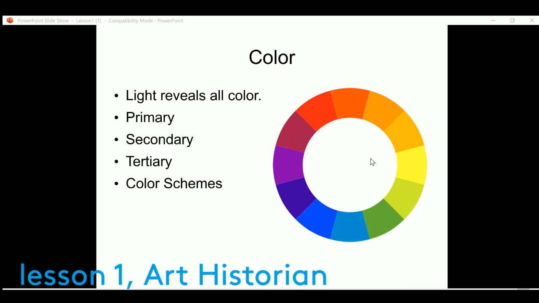Tertiary means the 2 in between each. And color schemes: a color scheme is either complementary, split complementary, triadic, tetradic, or analogous. Okay, you will learn that in your color studies class.